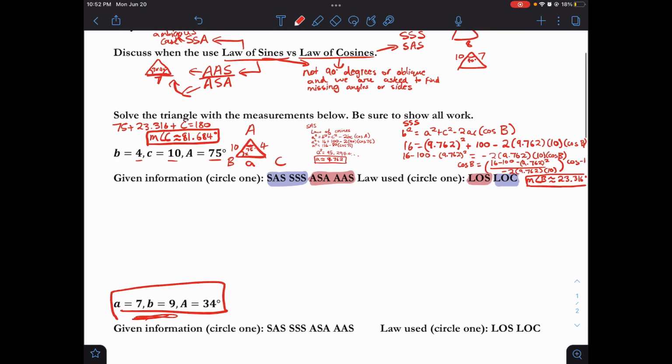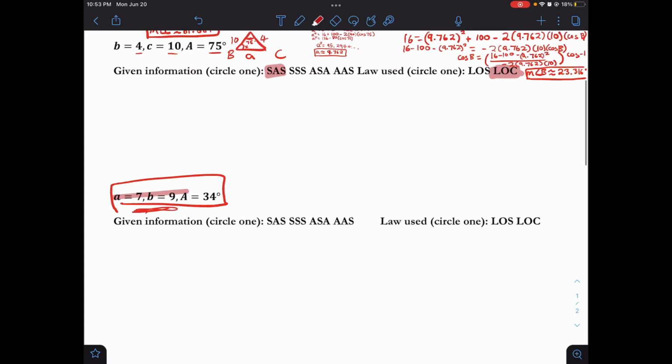Oh, I get it. So this is asking, if you're given this information, what are we using? So as I told you, we're going to be using SAS, and that's the law of cosines. Now, if we're given this information, what are we going to be using?